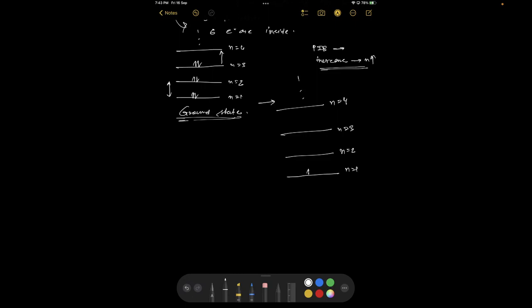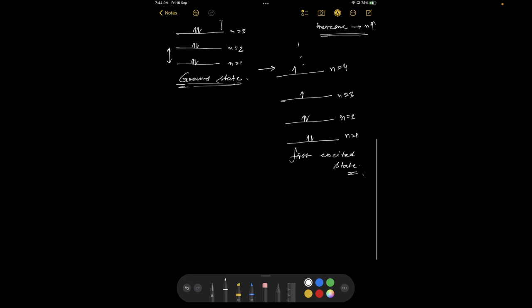So n equal to 1, there will be 2 electrons, n equal to 2, there will be another 2 electrons, and n equal to 3, there will be one electron, and n equal to 4, there will be 1 electron. So this is the first excited state of the hexatriene molecule.